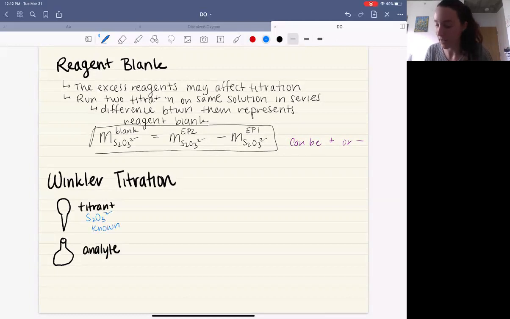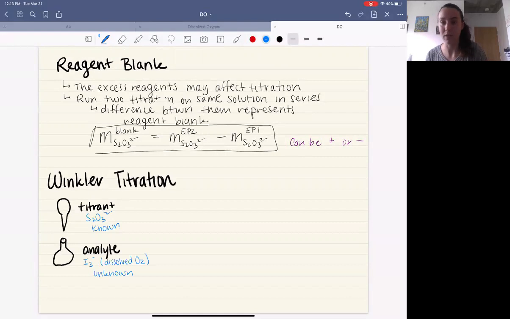Our analyte this time is still triiodide, but it's coming from our dissolved oxygen. And this is unknown. Okay, so this time we're taking our sample seawater and whatever dissolved oxygen is in there, we're going to use in order to generate I3 minus.